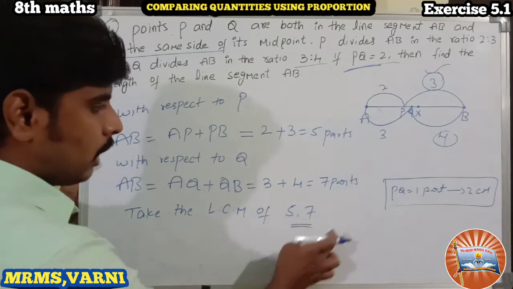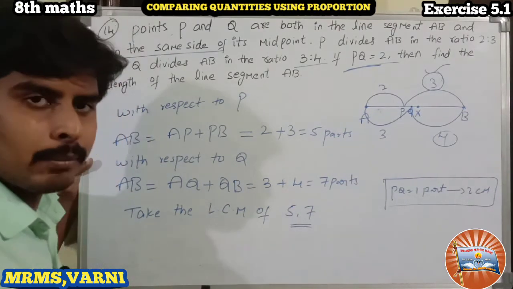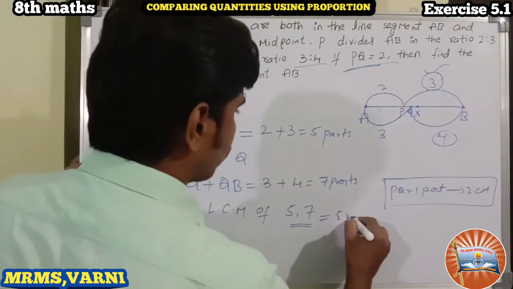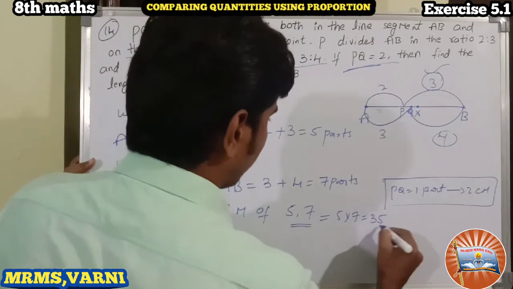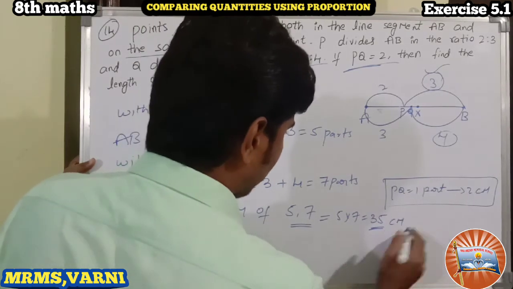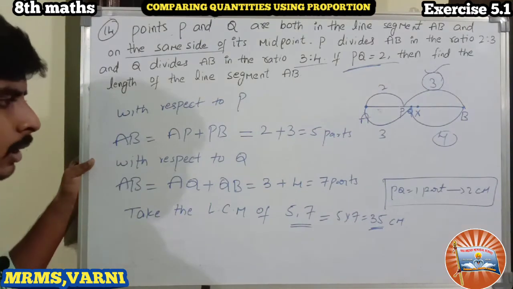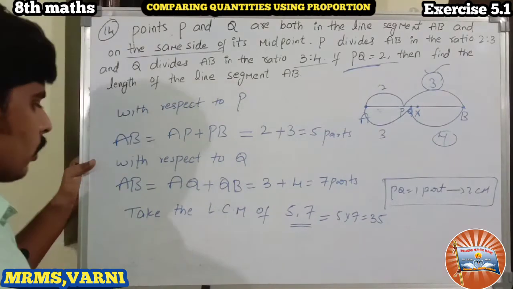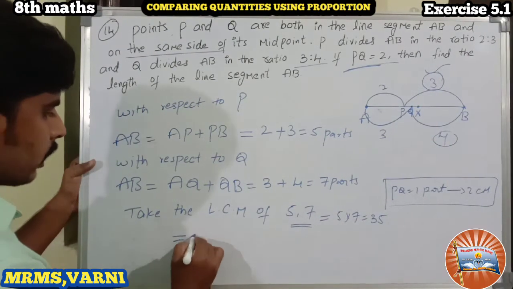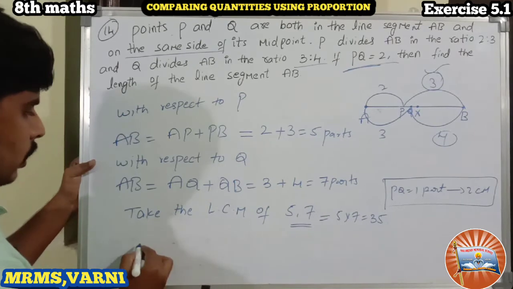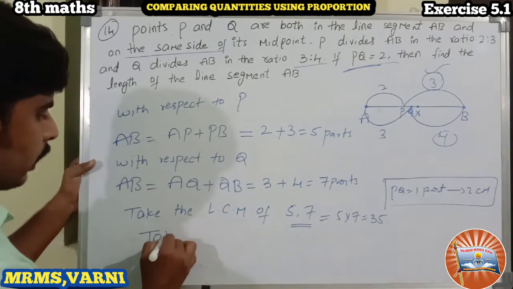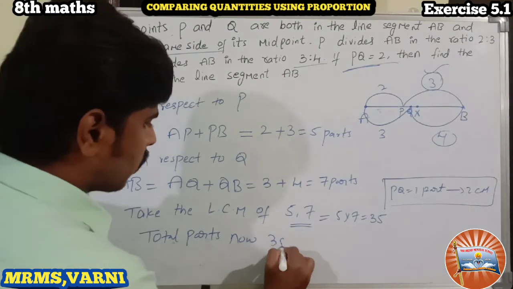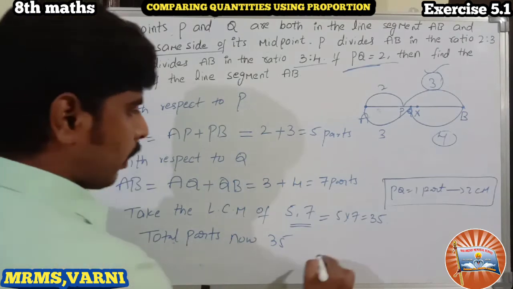If the numbers are prime numbers, the LCM is nothing but their product, 5 into 7, that is 35. Is it clear? So total parts is now 35.